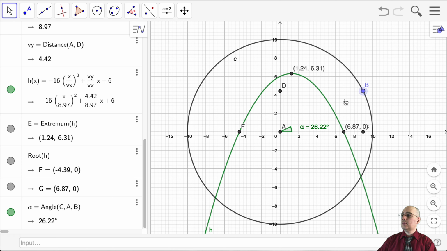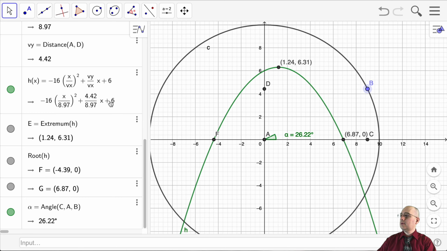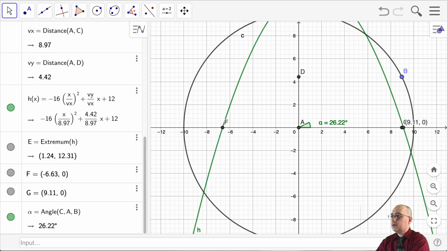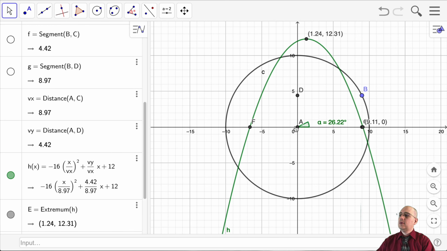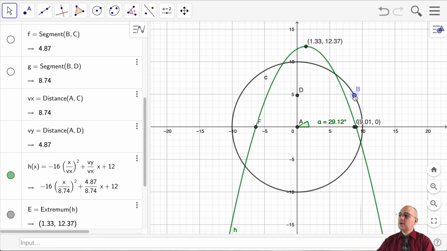Now, what affects that? Well, we've got a few things here. Let's say we were to start at 12. Would that change anything? Well, it certainly changes how far we end up going.